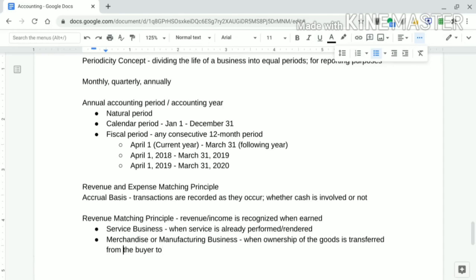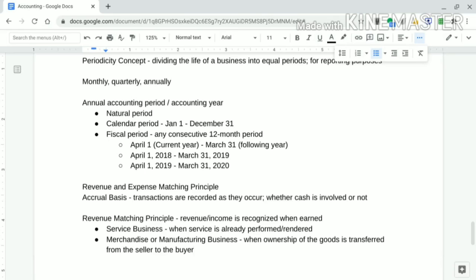From the seller, sorry, my mistake. From the seller to the buyer. Okay? So, whether it's already paid or not, basta nag-transfer na ng ownership ng goods from the seller to the buyer, there is already income to be recognized there. Okay? So, we will have more examples later.